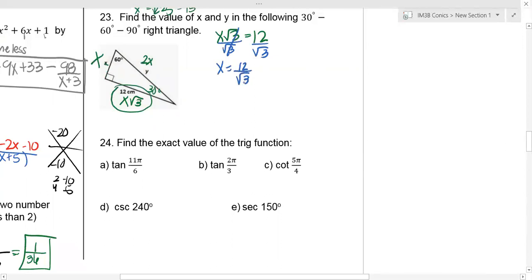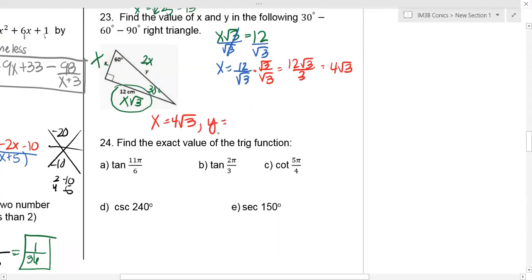But that's not going to be an answer choice for you. So what you have to do is rationalize the denominator, which means I'm going to multiply by rad 3 over rad 3. So that gives me 12 rad 3 over 3, which actually I can simplify because 12 divided by 3 is 4. Okay, so I've got x. So x equals 4 rad 3.